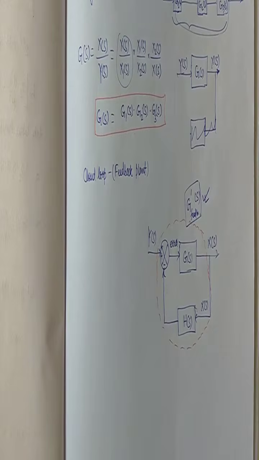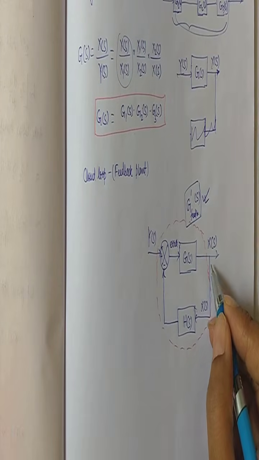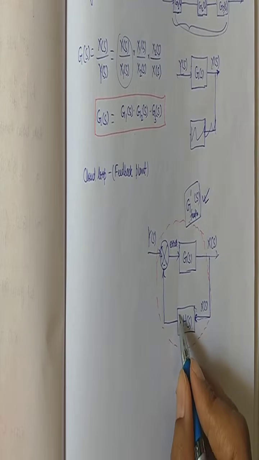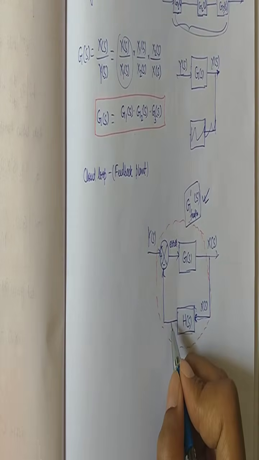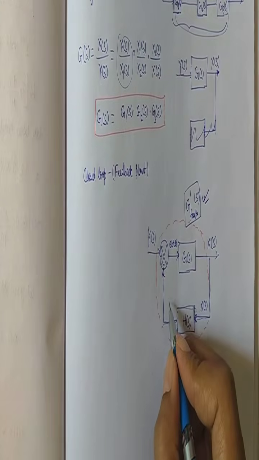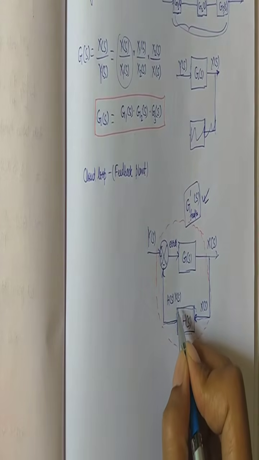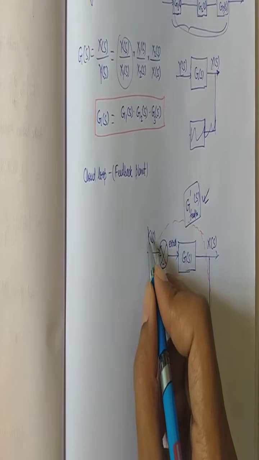So this signal XS is being fed back here through a gain HS. So the signal coming out here is nothing but HS times XS, which is being errored with YS.